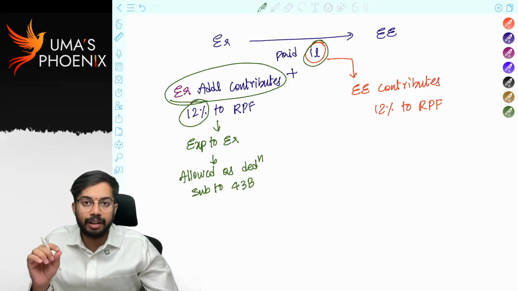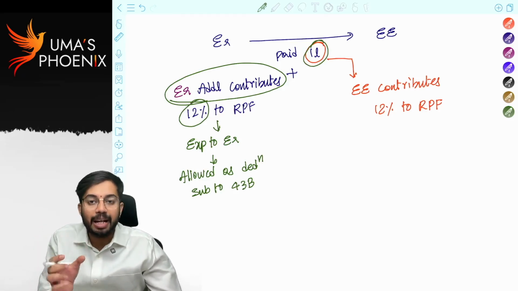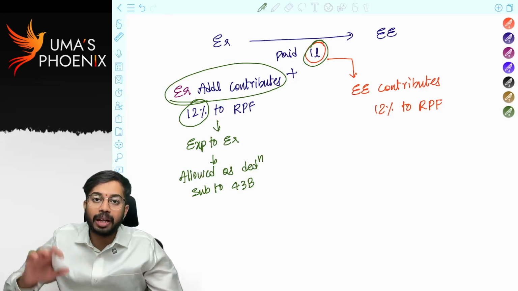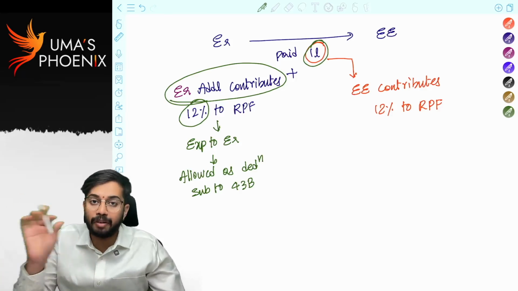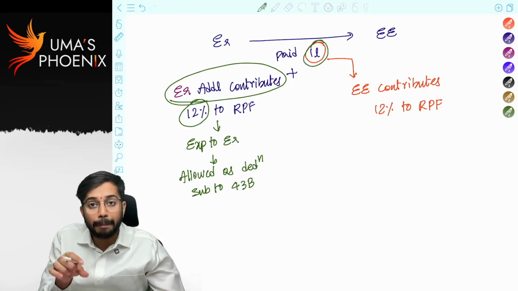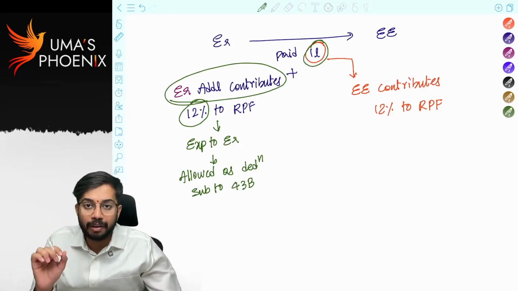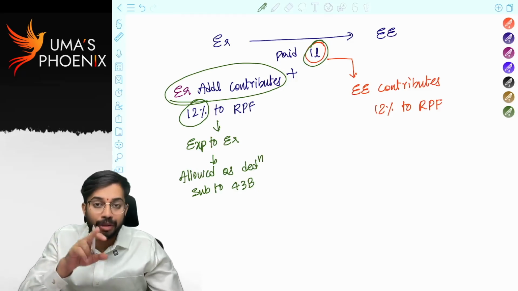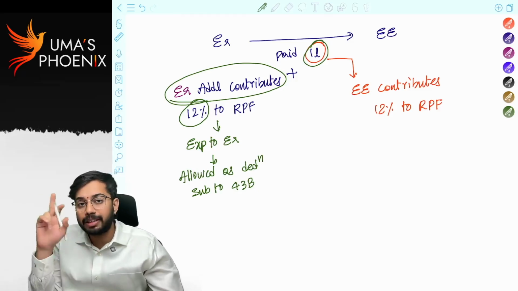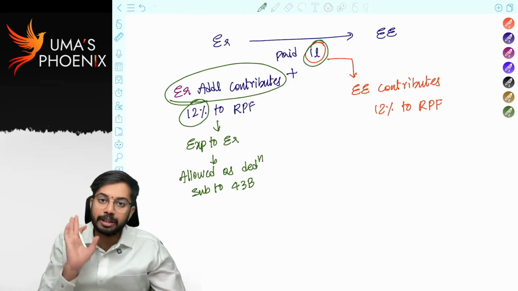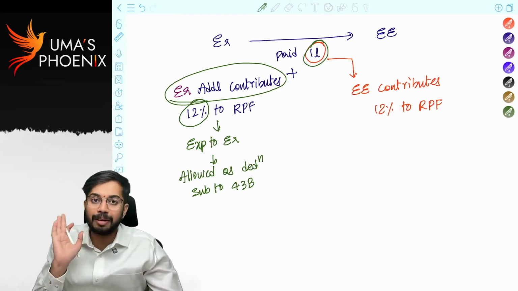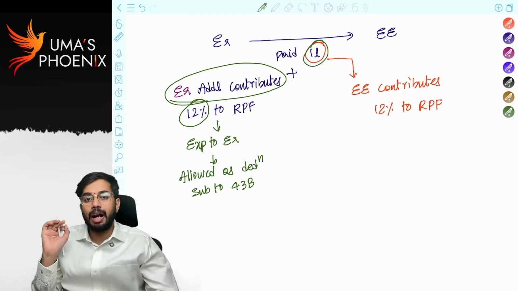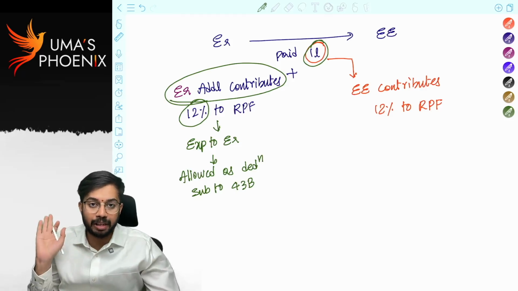Out of that, 12,000 rupees the employer is contributing to the employee's recognized provident fund account. That 12% contribution is allowed as expenditure to the employer, subject to the conditions specified under section 43B.